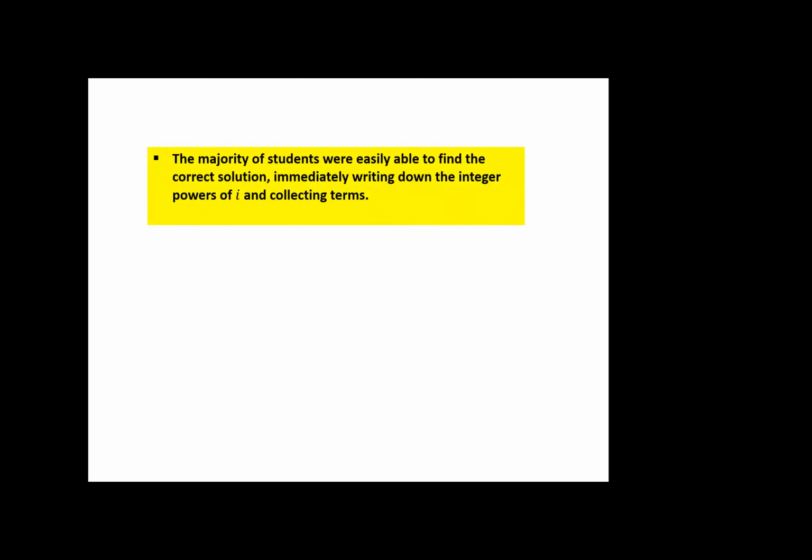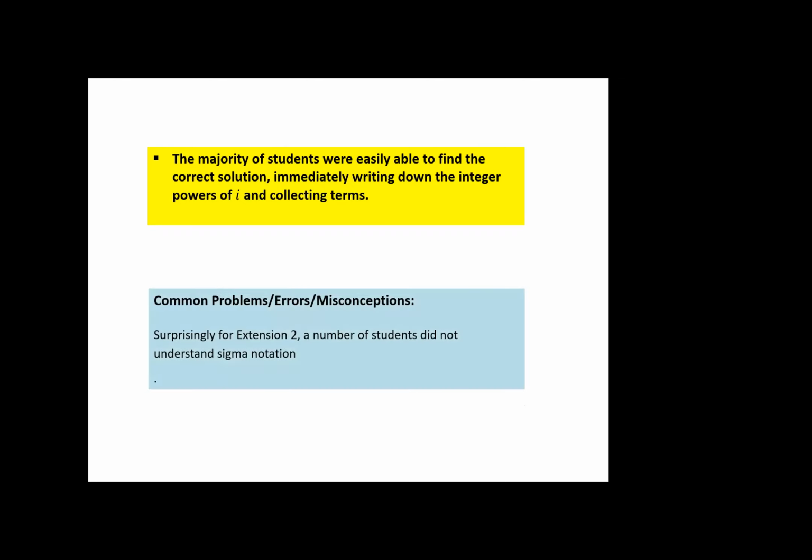Now, in this question, the majority of students were easily able to find the correct solution, immediately writing down the integer powers of i and collecting terms. Surprisingly, for Extension 2, a number of students did not understand sigma notation.